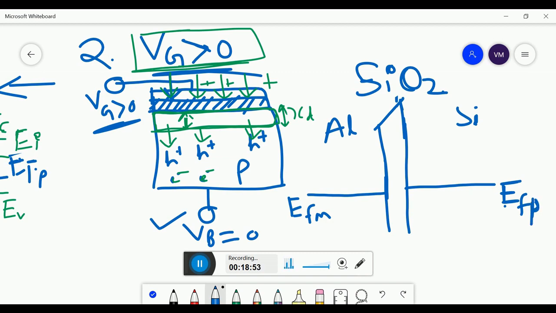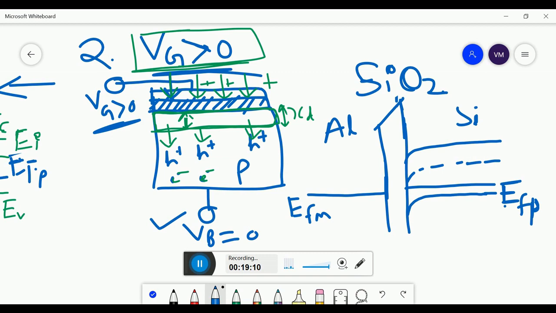Fine. Now what was the level of the intrinsic band? It was something like this. Conduction band was something like this, and valence band was something like this. This was the condition.